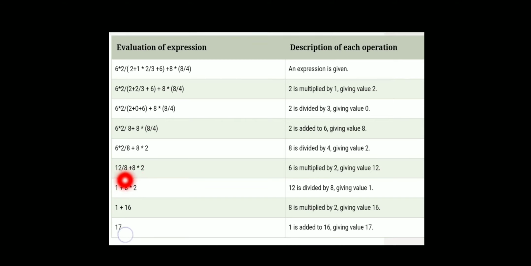This will be solved and gives a value of 1. 1 plus 8 into 2. This multiplication part will be evaluated. 8 into 2 means 16. 8 is multiplied by 2, giving a value of 16. 16 is added with 1. Final result is 17.